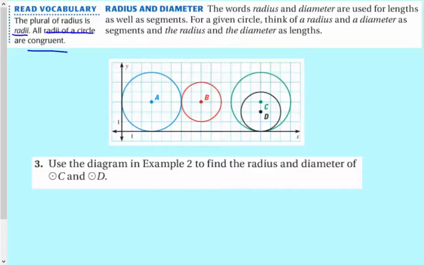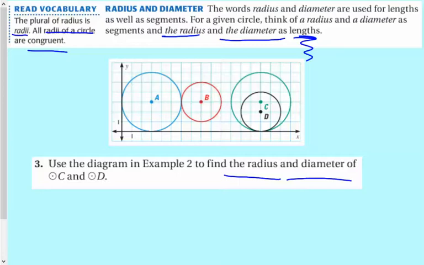The words radius and diameter are used for lengths as well as segments. For a given circle, think of radius and diameter as segments, and the radius and the diameter as lengths. So when you attach the word the to it, it becomes a length. When it says find the radius and the diameter of the circles, they want you to find a numerical value rather than just point to it.